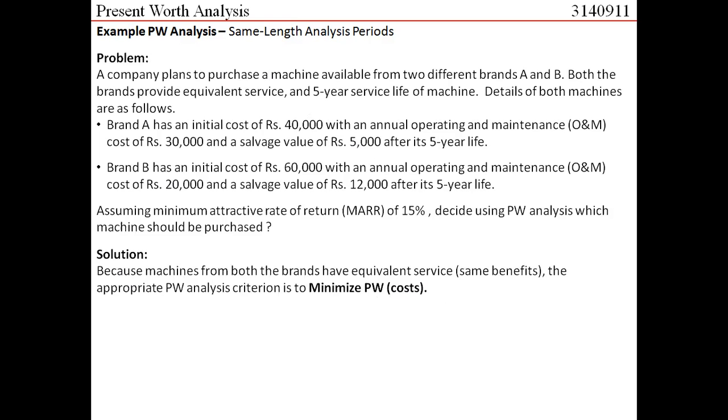And what is the net present worth? The net present worth is the present worth of benefit minus the present worth of cost. Now here, the present worth of benefits is the same, because both brands are equivalent in service. Our benefits are fixed. So to maximize net present worth, I would have to minimize the present worth cost. So we would be opting for the option which has the minimum present worth of cost.